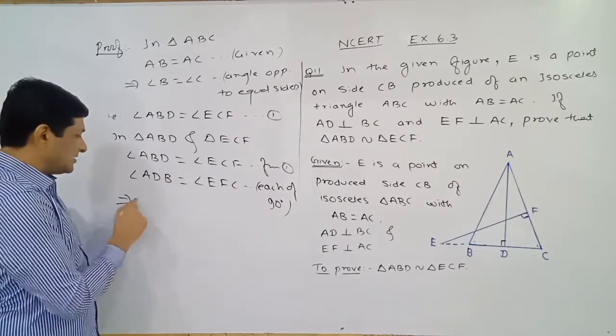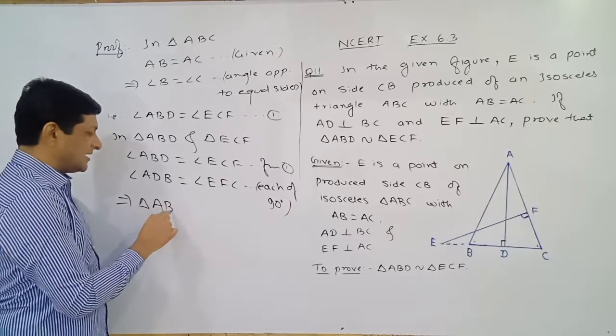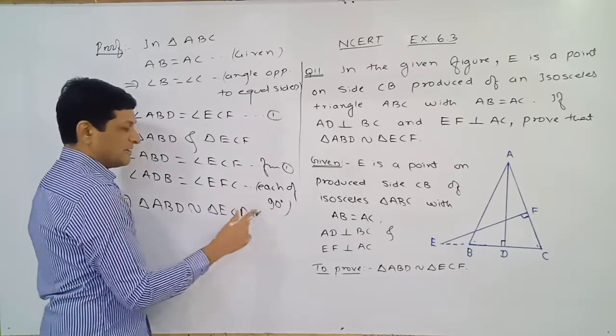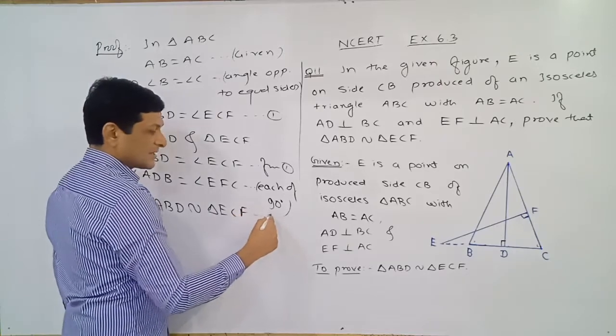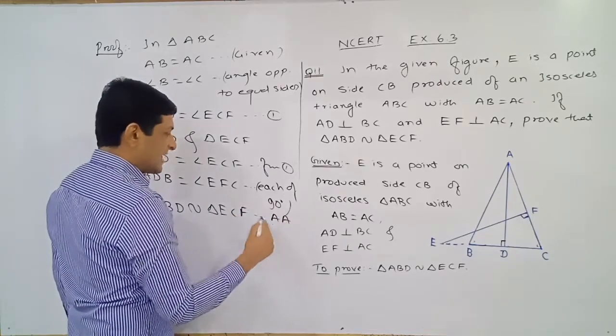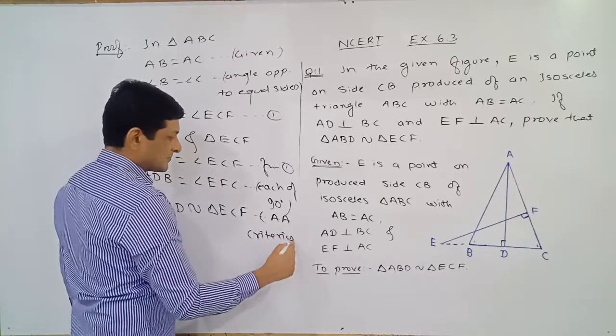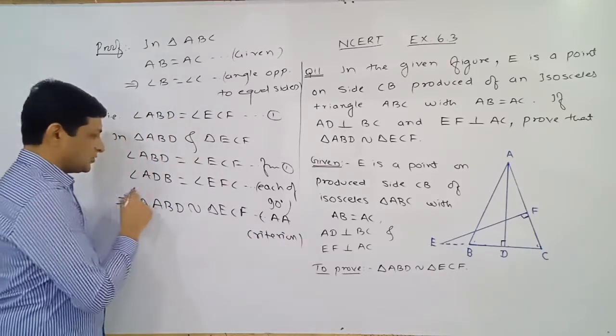This implies that triangle ABD is similar to triangle ECF by AA criterion, and that is the result we had to prove here.